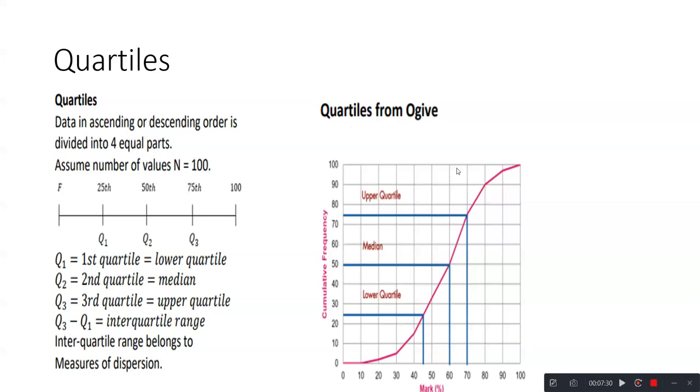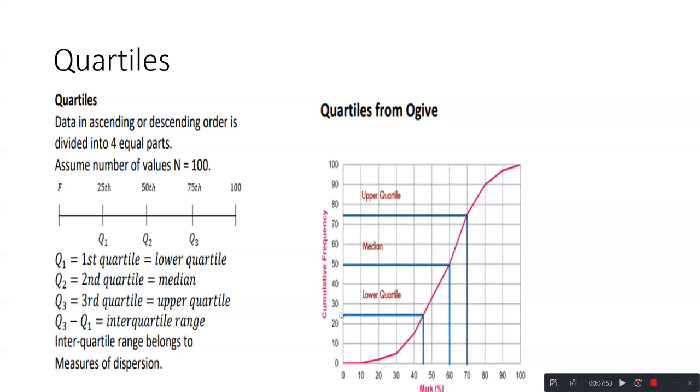So if we want to get the quartiles from an ogive, obviously you need to get the cumulative frequency of the distribution and plot it against the points that you have.